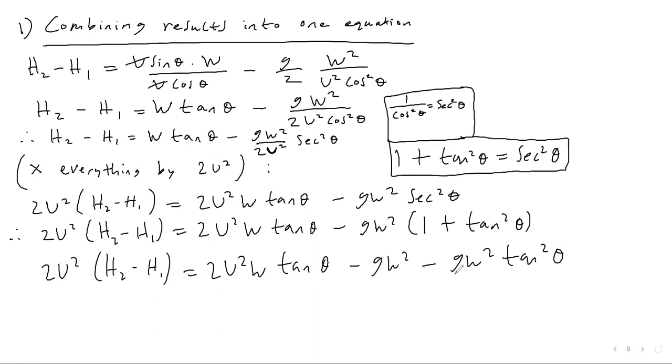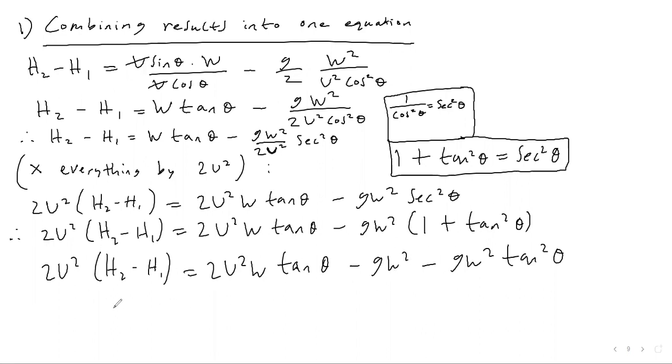Then I'm going to rearrange this so that it looks like a quadratic in tan theta. So I'm going to add the g w squared tan squared theta to both sides. Then I'm going to take away this 2u squared w tan theta from both sides. And I'm going to add this g w squared to both sides.